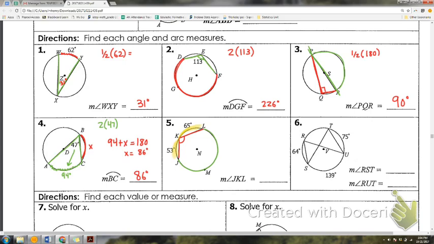So if I take away the yellow pieces, that's going to be what's left for my green arc. So I could do 360 minus 65 minus 53, or we can set up an algebraic equation: 53 plus 65 plus x, which is our green section, equals 360 degrees. Okay, take a minute and solve that.